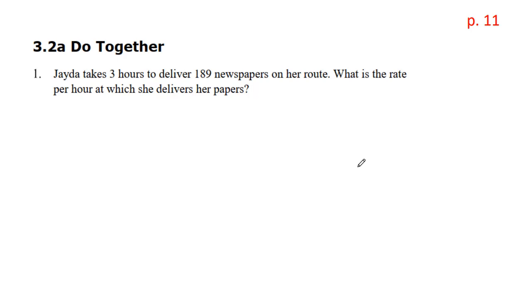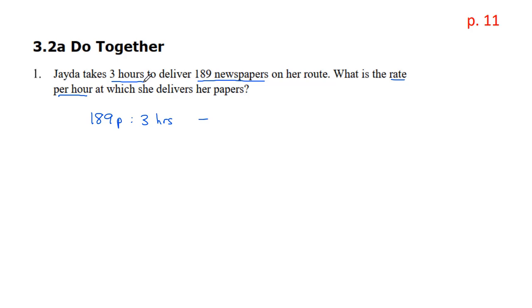So let's take a look at 3.2a do together. Jada takes 3 hours to deliver 189 newspapers on her route. What is the rate per hour at which she delivers her papers? Well, she delivers 189 papers in 3 hours.